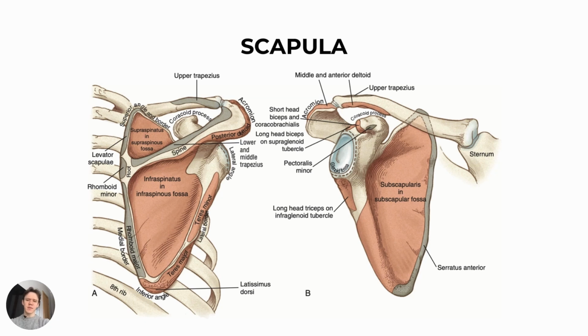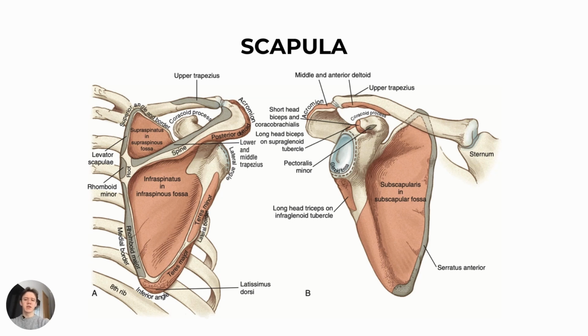The anterior view, or picture B, shows the front of the shoulder blade with the subscapularis muscle, which covers most of the front surface. The serratus anterior muscle along the side is another important muscle usually involved in scapular and shoulder stabilization, which we're going to talk about today. Various attachment points for other shoulder muscles like the deltoid and biceps are also presented, as they might be helpful in future understanding of their roles in overall shoulder function.